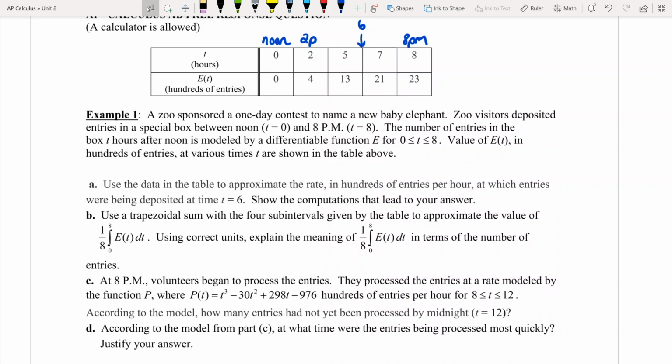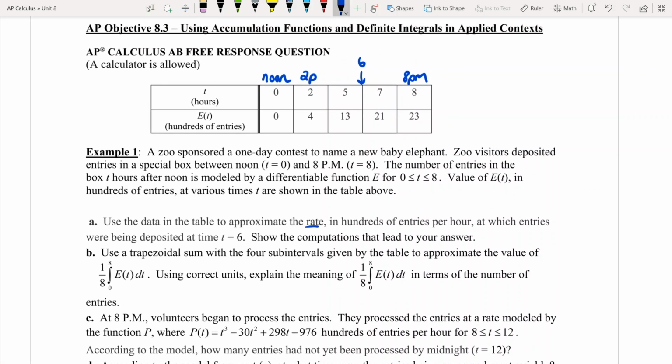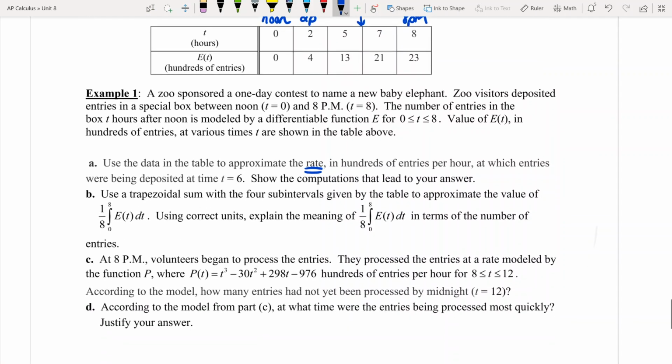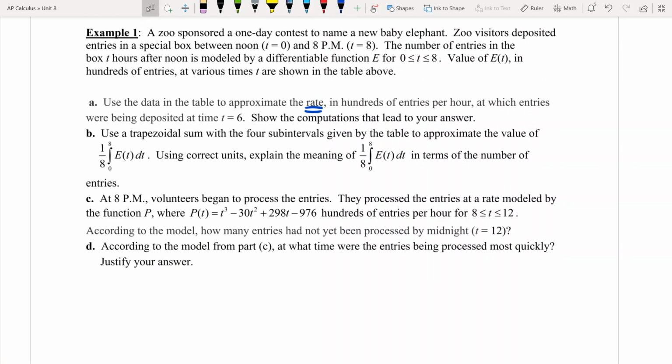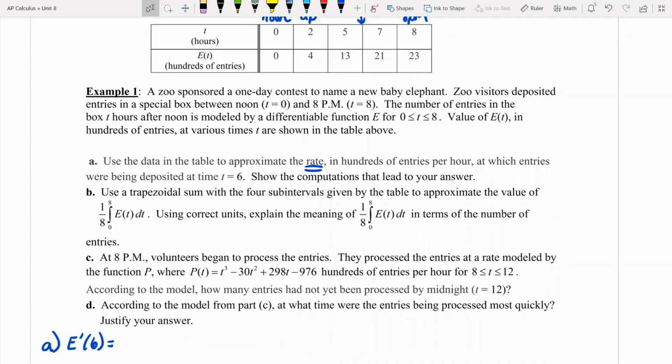And we want to know the rate. We want to approximate the rate in hundreds of entries that were being deposited at time equals 6. So for part A, we're looking at trying to figure out what E prime of 6 is going to be. What is the rate at 6 p.m.? And the only data that I have is the data directly around it.